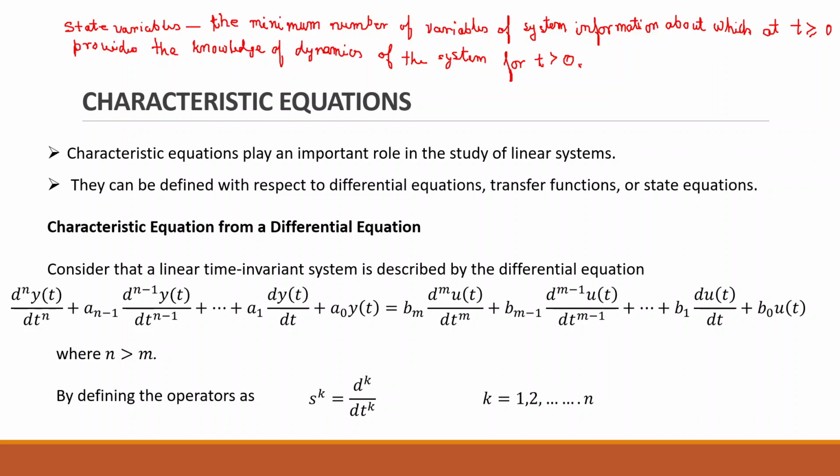The state variables are the minimum number of variables of a system. Information about which at t greater than or equal to 0 provides a full knowledge of the dynamics of the system for t greater than 0.